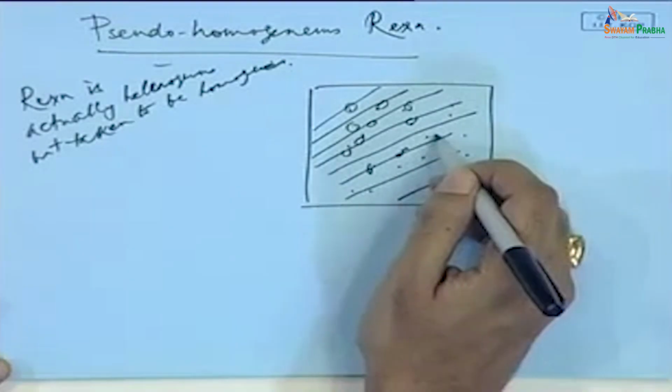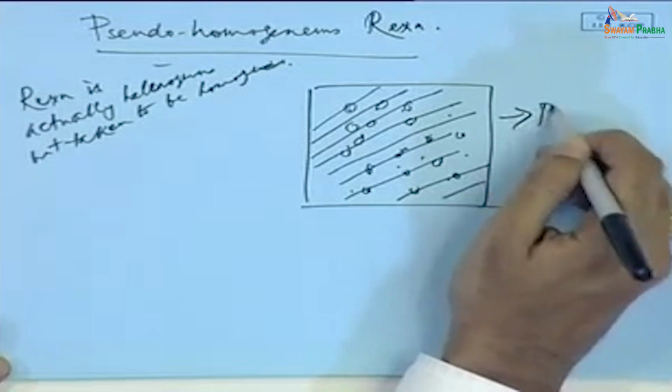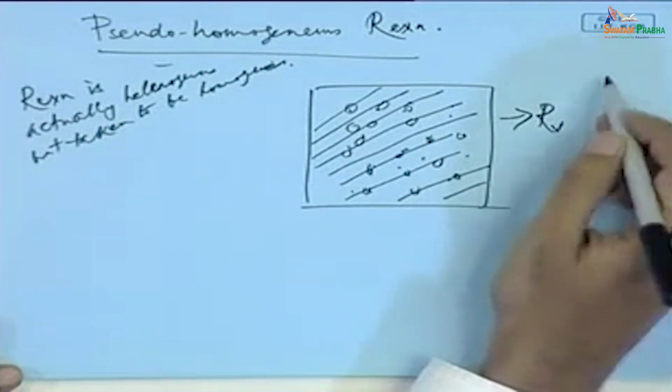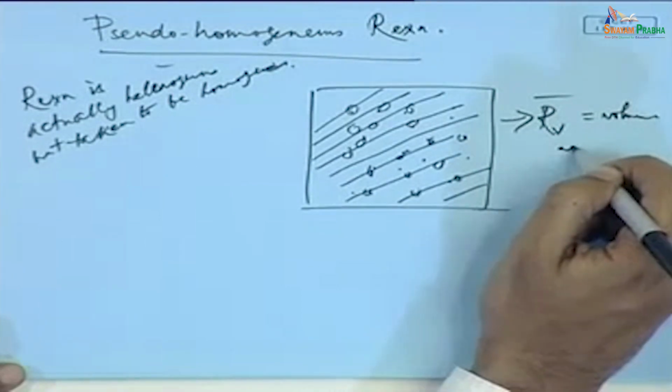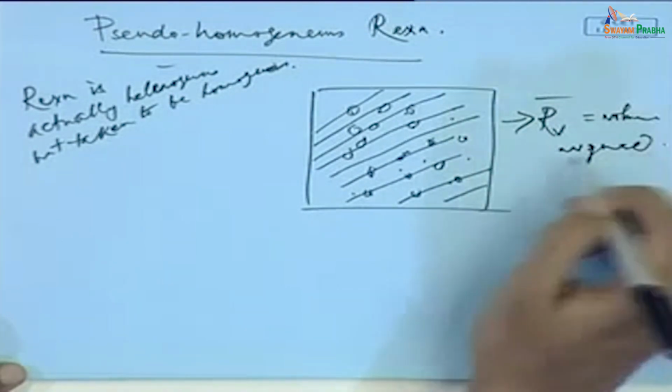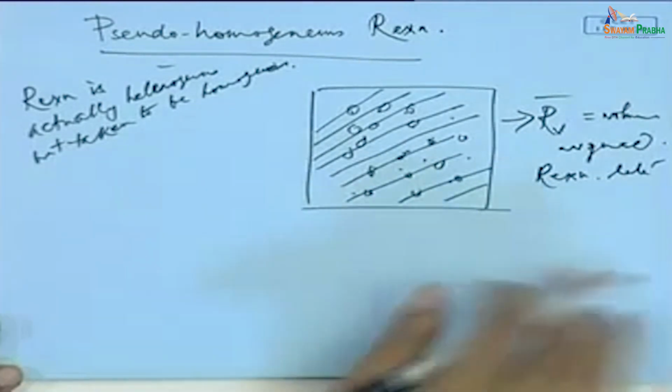Find out the total reaction rate divided by the volume, and you get the volume average reaction rate of the system. So this is my R_V. Typically these are known as R_V bar, sorry, volume average reaction rate. Okay.